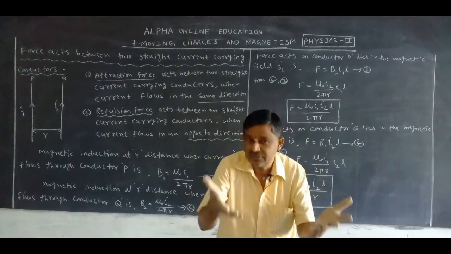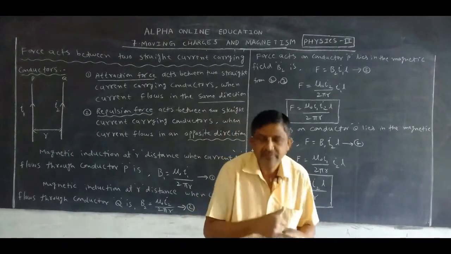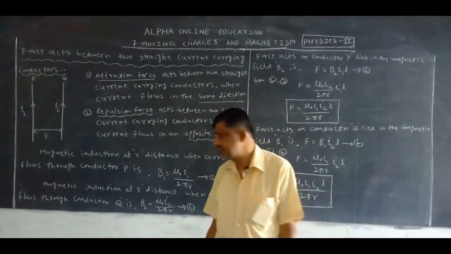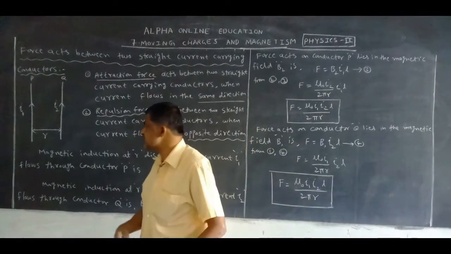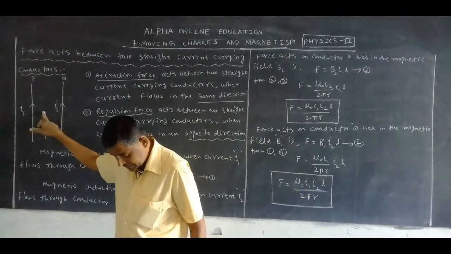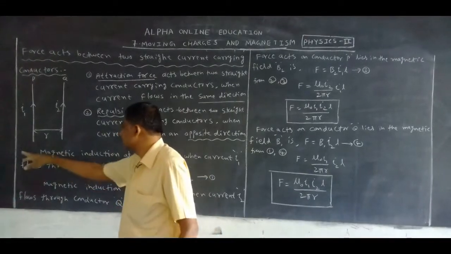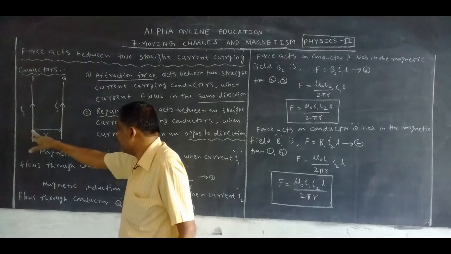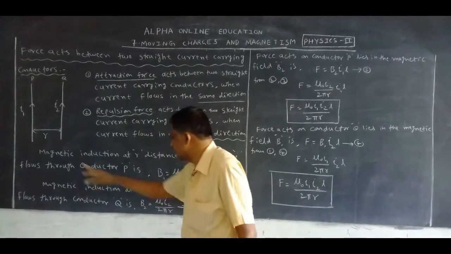Okay, how much is that force? For that, we want to derive a mathematical equation. Now, let us see how we can derive this. This is the conductor P, through which the current is I1. When current passes through the conductor P, at r distance a magnetic induction is established.